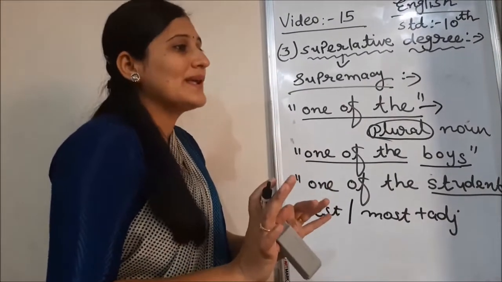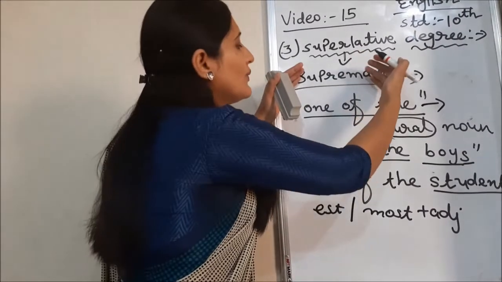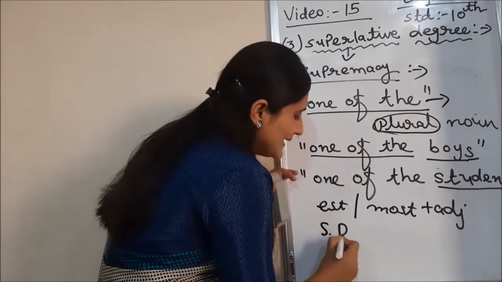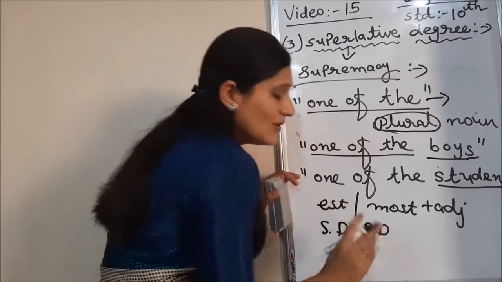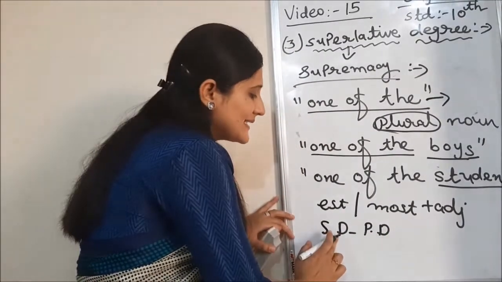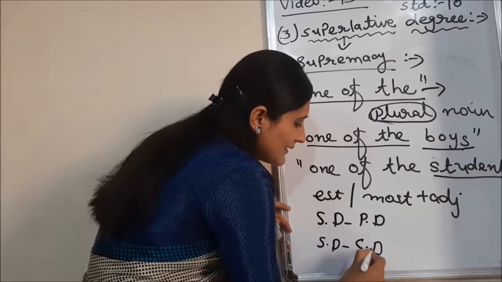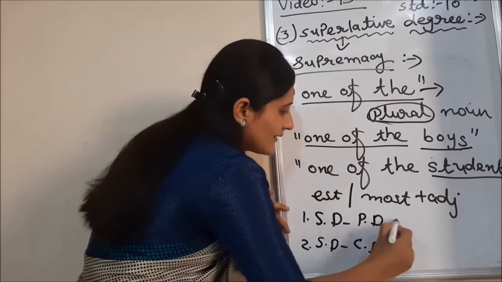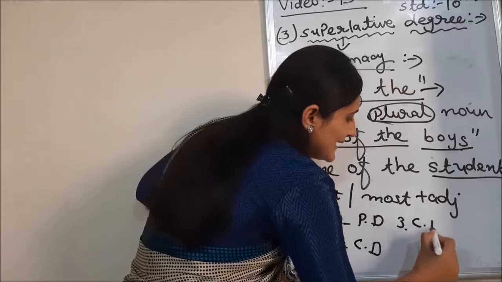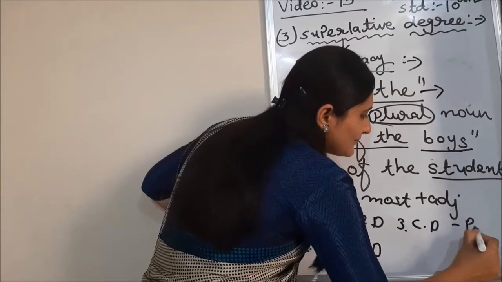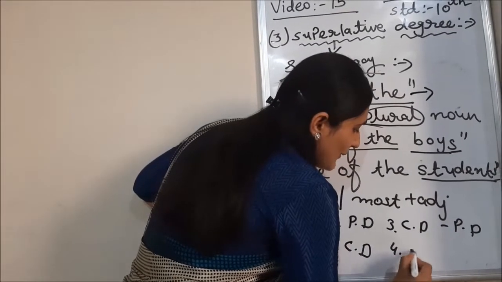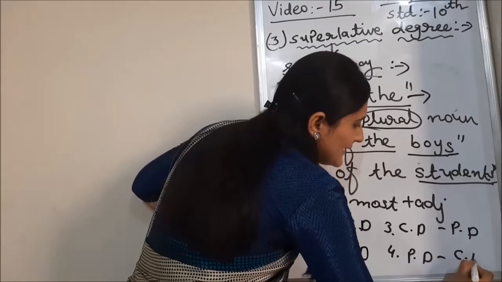I will explain in detail how to turn from SD to PD. There are four methods: SD to PD and SD to CD, this is first and second. Third, from CD to PD, and from PD to CD.